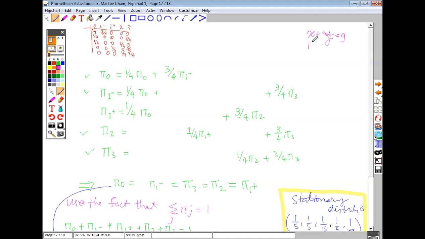My x can be 3 and my y can be 6, or my x can be 1 and my y can be 8, right? That is the kind of thing that will happen here. So for different values of pi 0, pi 1, pi 2, pi 3, pi 4, you can get stationary distributions, as long as these 5 numbers satisfy these equations and this condition. Then you can say that it is a stationary distribution.